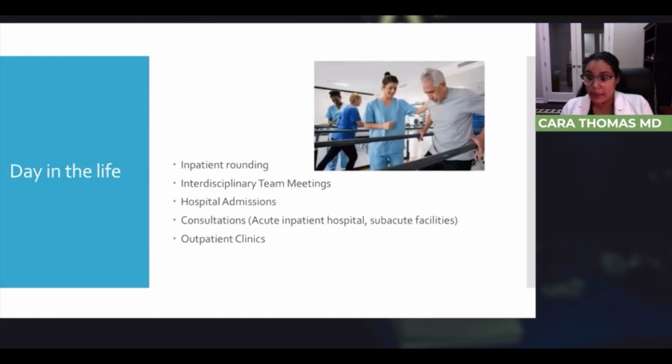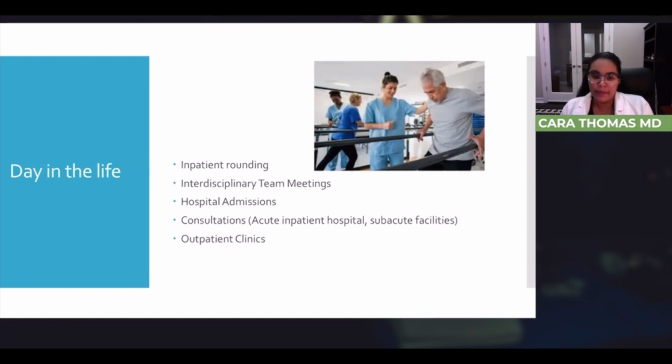I have interdisciplinary team meetings with the group of people that I talked about earlier, to discuss care plans for patients. I talk to families. A lot of times we like to have families come in and witness rehab with their family members, just to do family training, to better prepare them to go home.